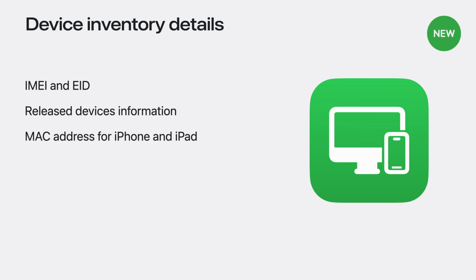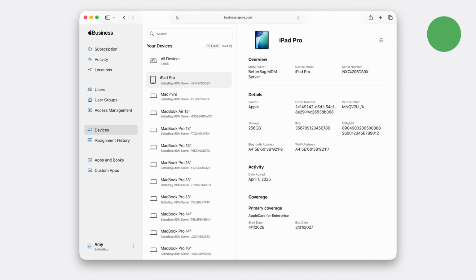And later this year, we're adding MAC addresses for Bluetooth and Wi-Fi on iPhone and iPad. This will be helpful for organizations that rely on this information for managing network access. And last, but certainly not least, we're adding AppleCare coverage information. This information will help IT teams track coverage and make informed decisions about repairs and replacements.